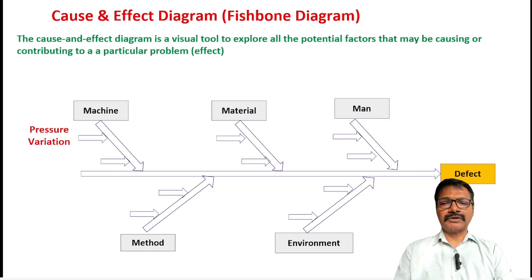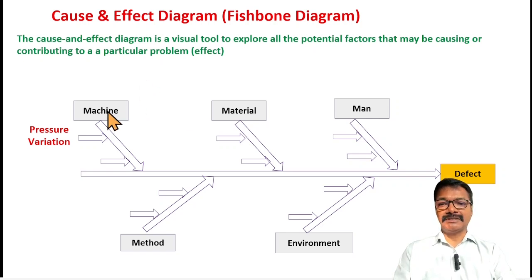So which are the potential causes? For example, material related, what can go wrong, what can go wrong related to man, machine, method, environment. For that you can use the flow chart. So what is the requirement, what is not happening, that can be analyzed. Then you have to analyze and prioritize, you have to collect the data and see what the potential causes are.